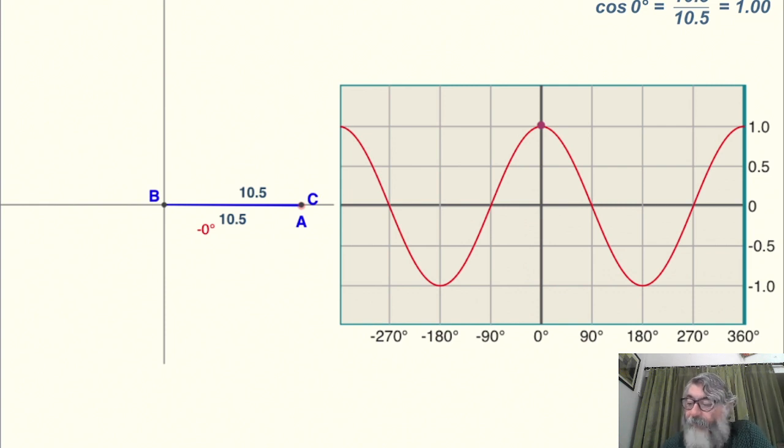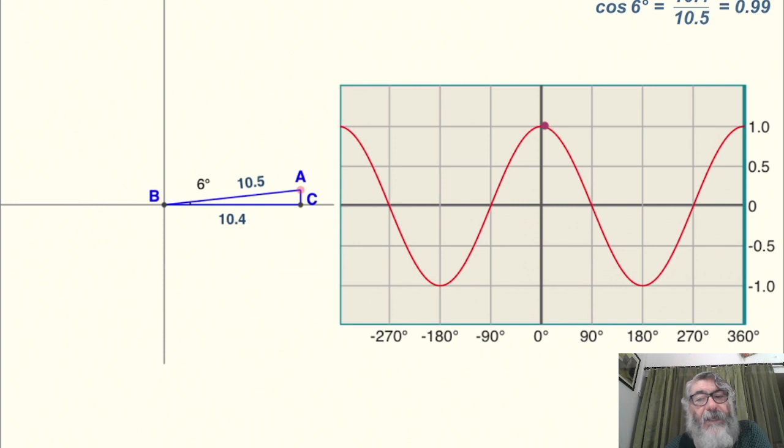Now when I move this point A, you will notice that the base will start decreasing, because we are talking about cos theta. Cos theta is base upon hypotenuse. Hypotenuse is not changing, base is going to change.